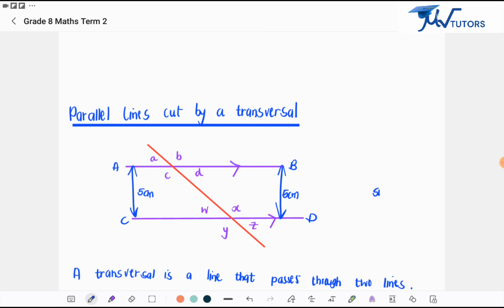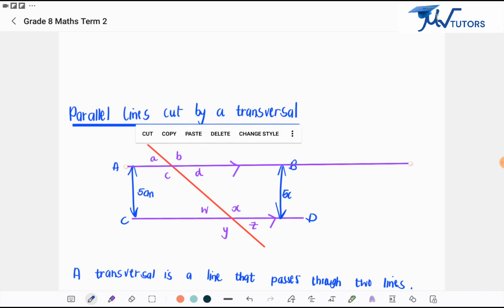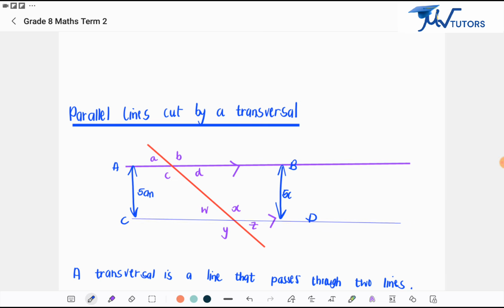If I extend this line, okay, extend it, I should still get 5 centimeters. So I extend it over there, and there I go. I should still measure 5 centimeters. That measurement should not change. And that is what constitutes a parallel line.